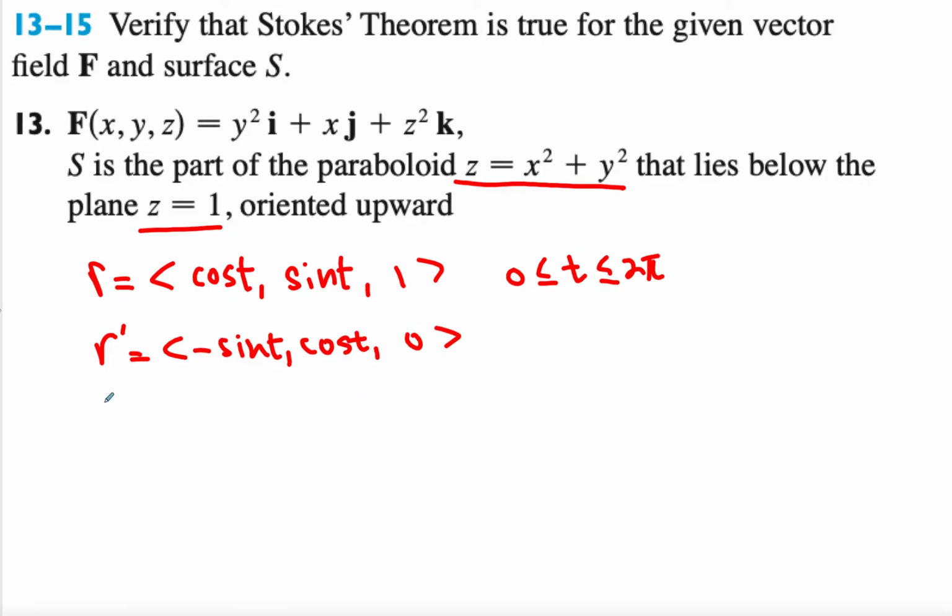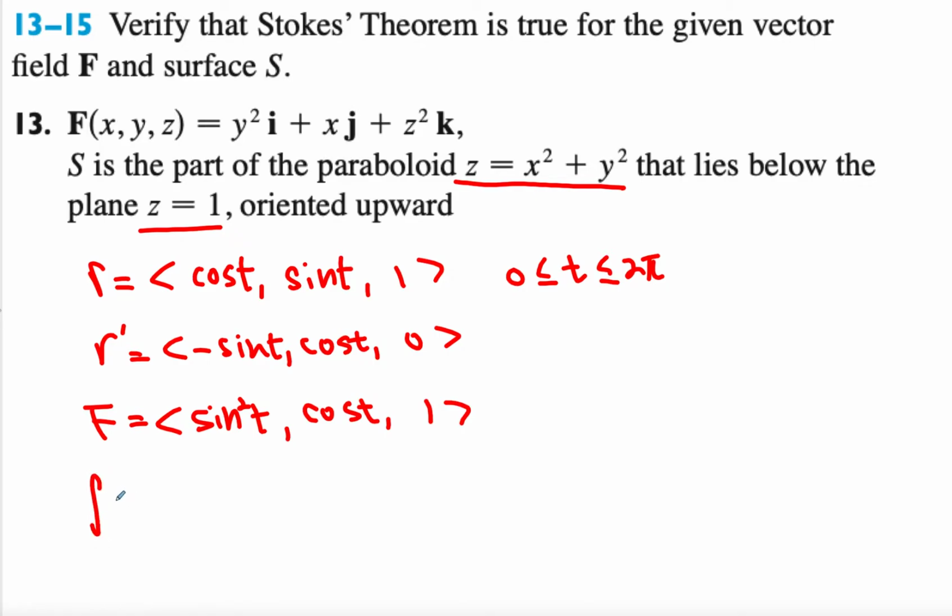How about F? It was this one, but now instead of y squared, we're going to have sine squared t through the substitution, and x will now be cosine t, and z squared will still be equal to 1.